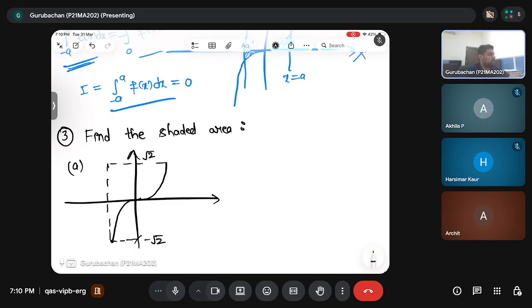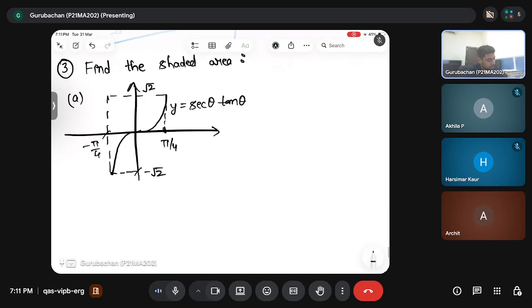Here is the function, y is equal to sec theta into tan theta, and this value is minus pi by 4, and this value is pi by 4. Now tell me, what will be this area?